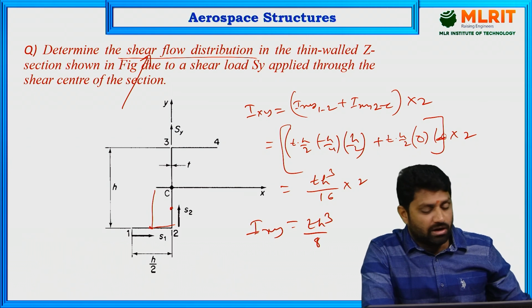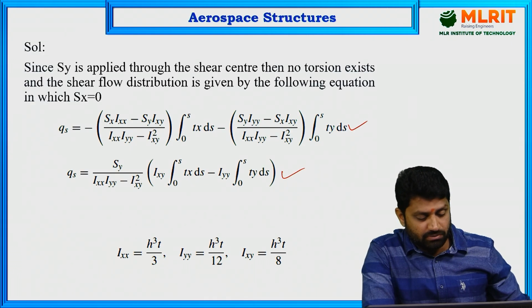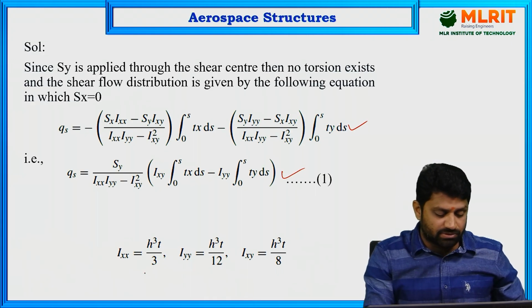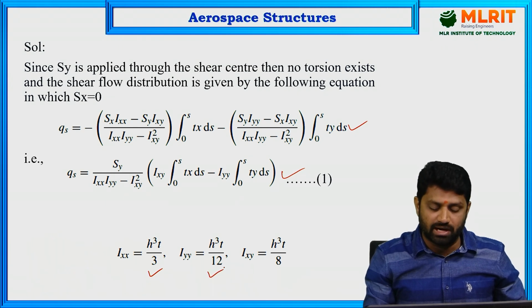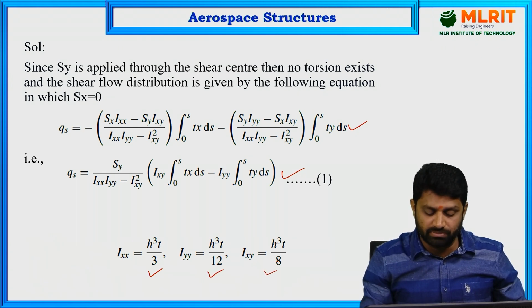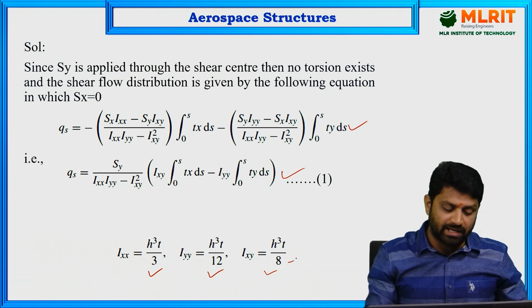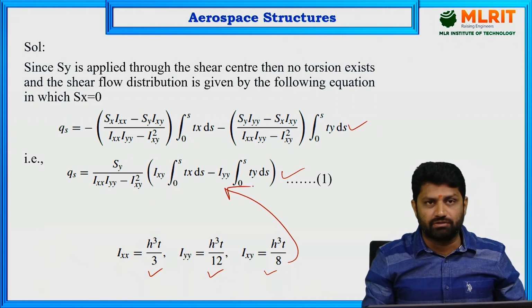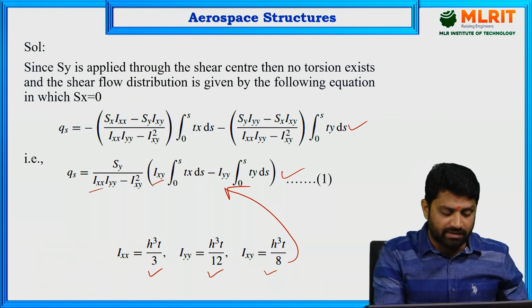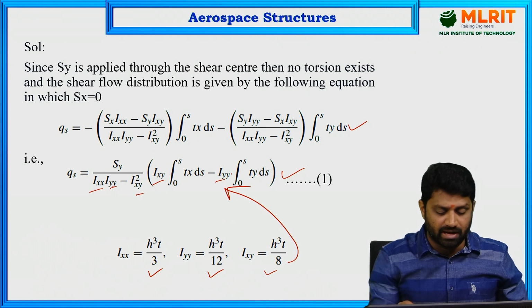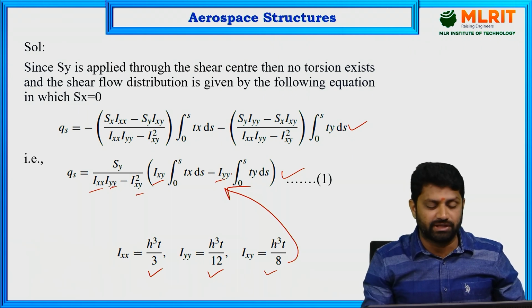So now after knowing the moments of inertia, IXX equals h cube t by 3, IYY equals h cube t by 12 and IXY equals h cube t by 8, you are going to substitute them in the formula for shear flow distribution in place of IXX, IYY, IXY everywhere, and then you are going to reduce the form of the equation.